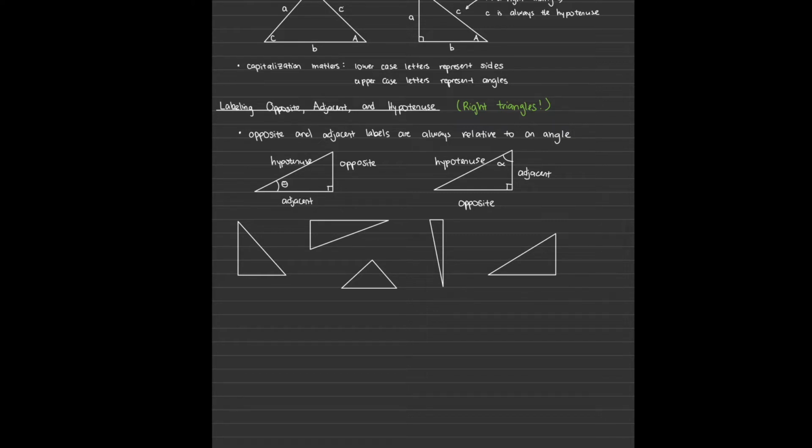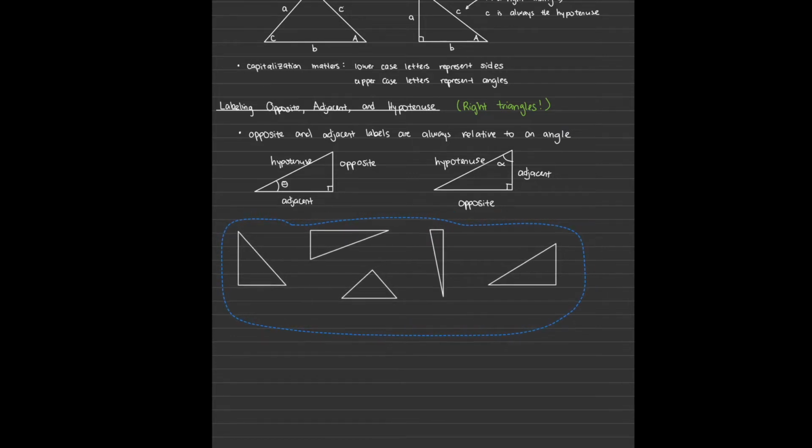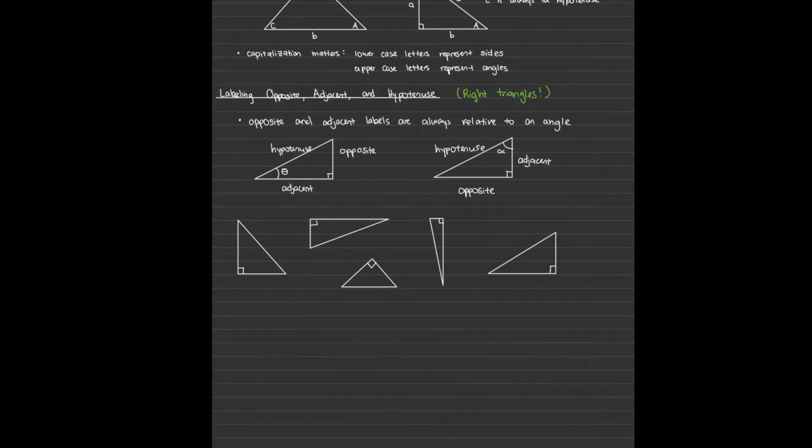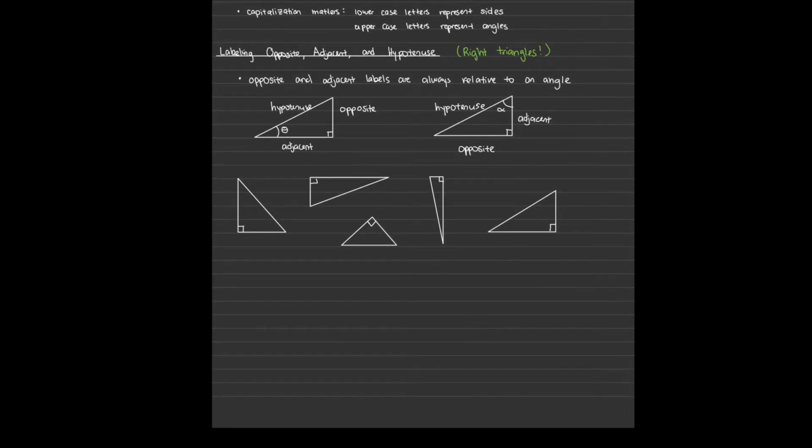So if we are going to label opposite, adjacent, and hypotenuse for all of these triangles that I have just drawn here, then they all need to be right angles. And so we should put in our right angles. All right. Okay.